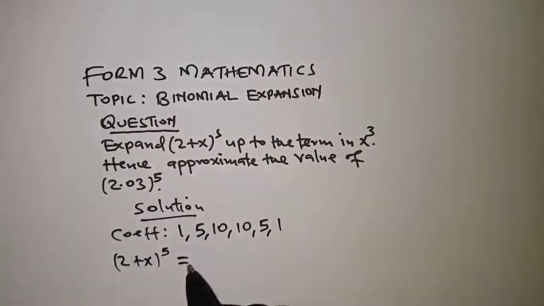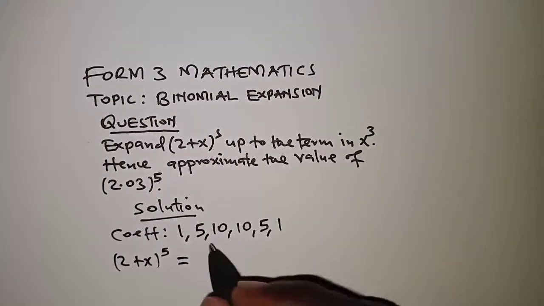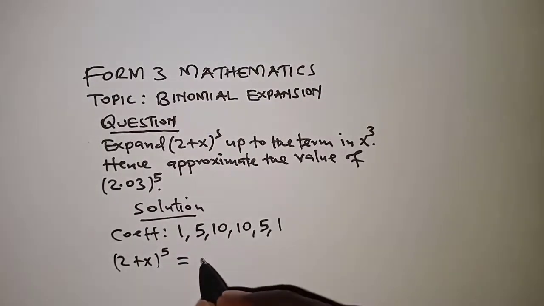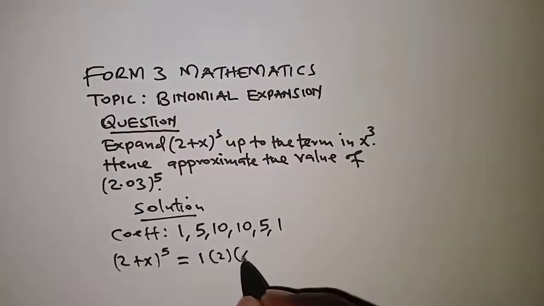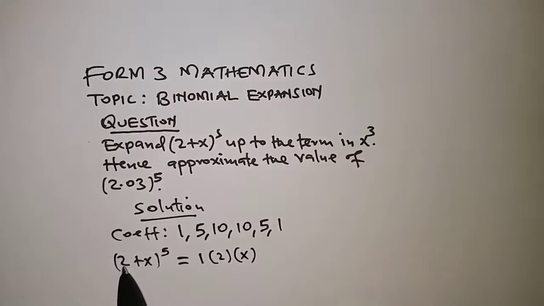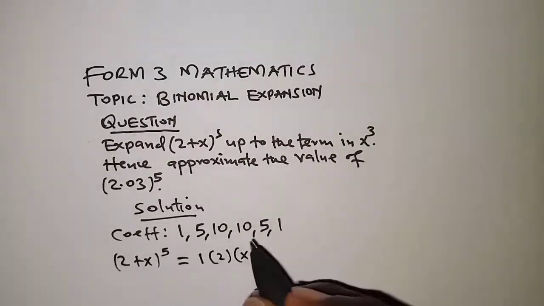written as, so first of all when we expand this, we have the first coefficient as 1, then we write 2 and x in that order.